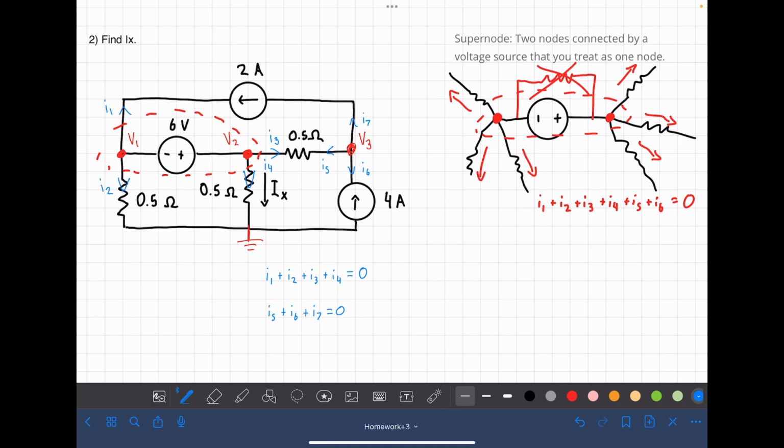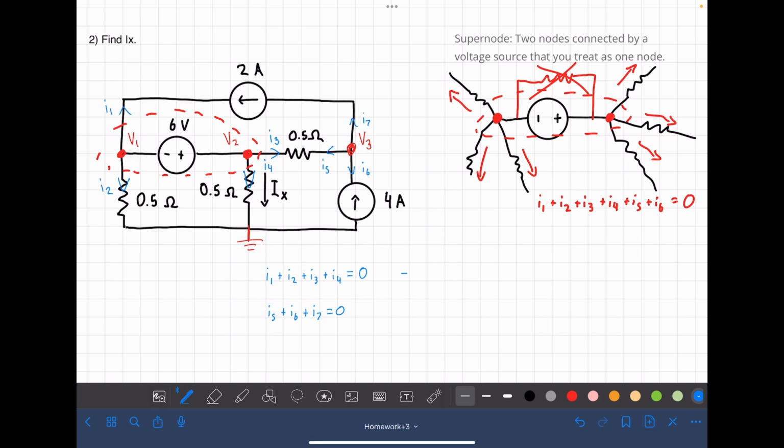So now we want to convert these currents into voltages and resistances. So let's start with I1. This can simply be written as minus 2 amps because we have this current source here that is going in the opposite direction of I1.